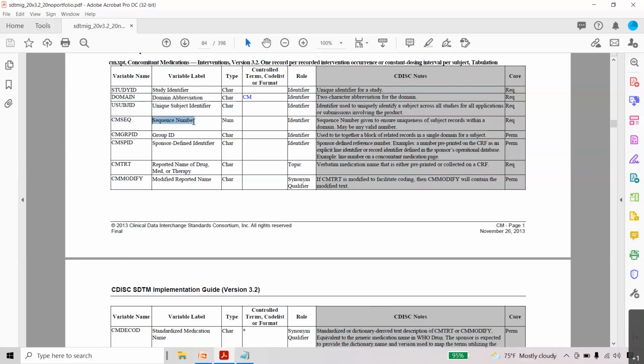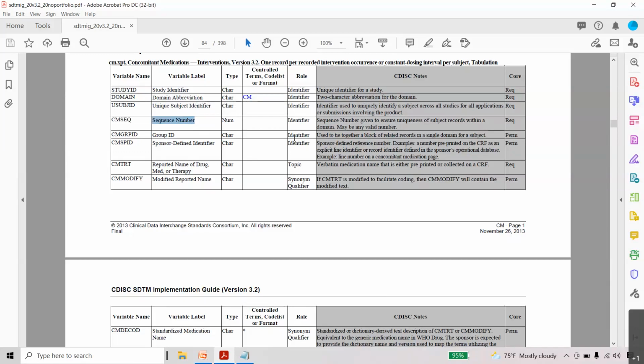Sequence number of a particular record for a particular subject. So if you are seeing the sequence numbers 1, 2, 3, 4, 5 up to 10 for a particular subject, those are per day and per intervention the subject is taking the medication.